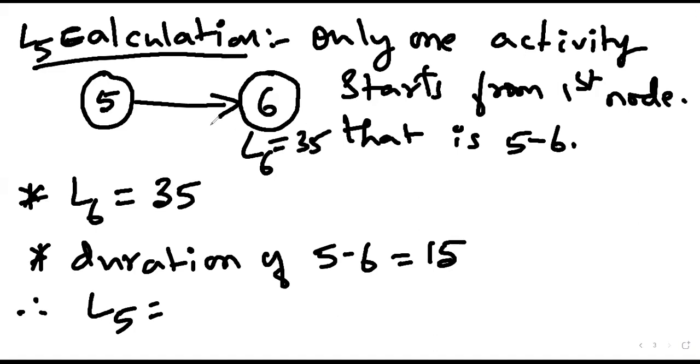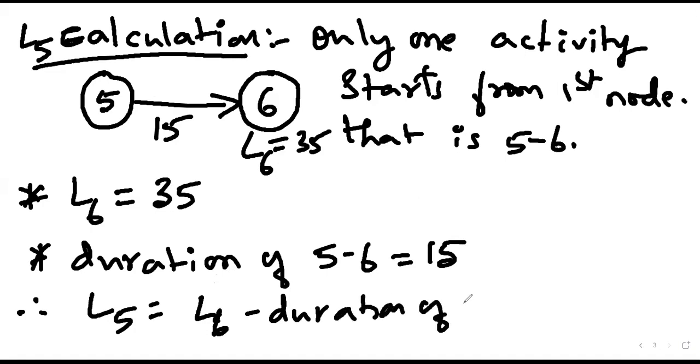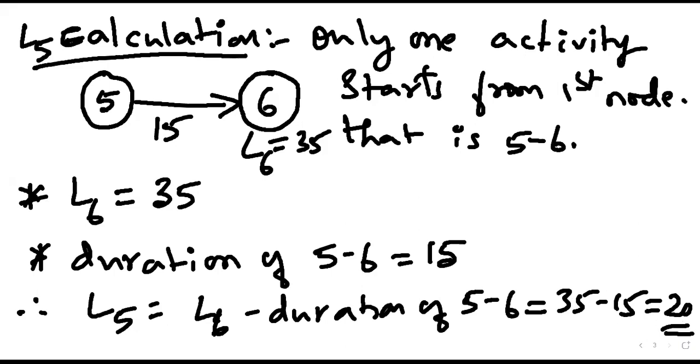L6 is 35 and the duration of 5-6 is 15. Therefore, L5 is equal to L6 minus the duration of 5-6, which comes out to be 35 minus 15, that is 20. Is it right? So this is the calculation.